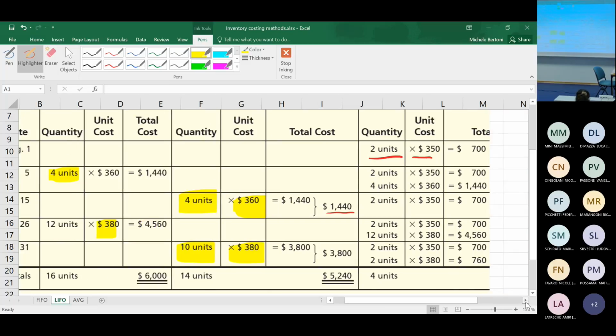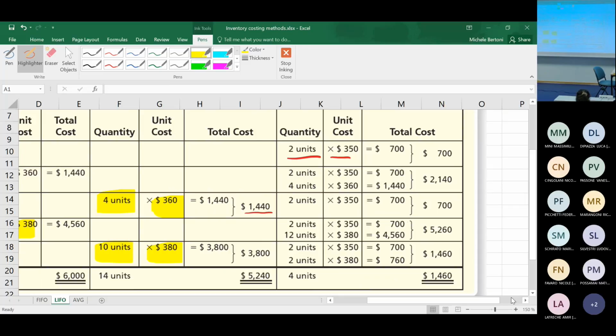What is the ending inventory? Well, we still have 4 units, of course, because the number of units does not change, but the units available are now 2 units at 350, which is the original beginning inventory, and 2 units at 380, because we sold the 4 units at 360 that we bought.